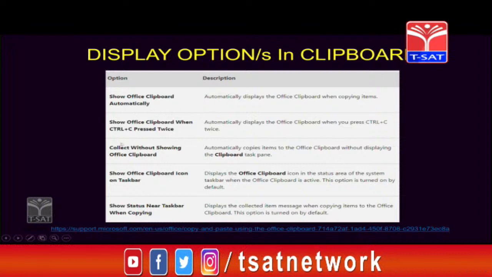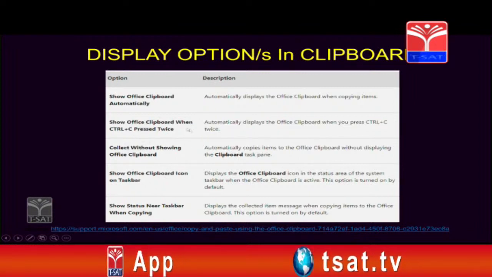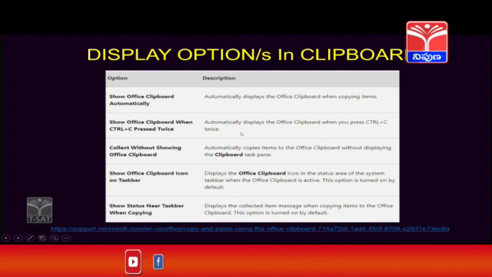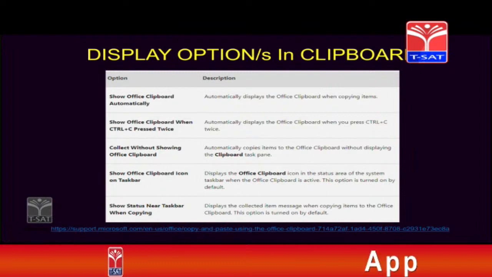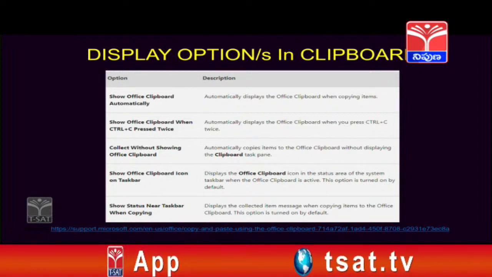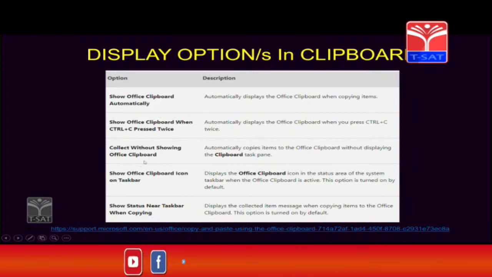Similarly, show Office clipboard when Ctrl+C is pressed twice. With this option, once we press Ctrl+C twice, the sheet would automatically display the Office clipboard. Other than that, we have the collect without showing Office clipboard option.